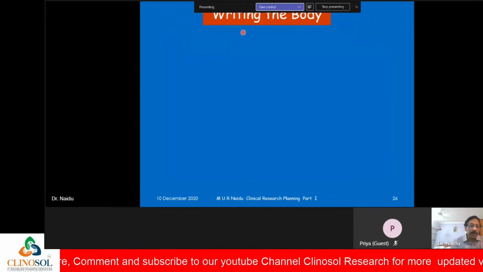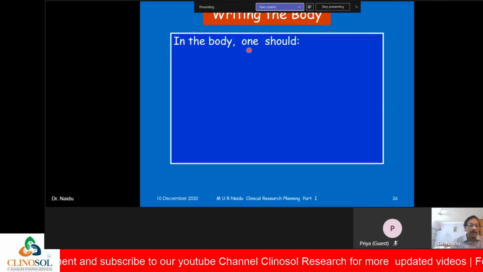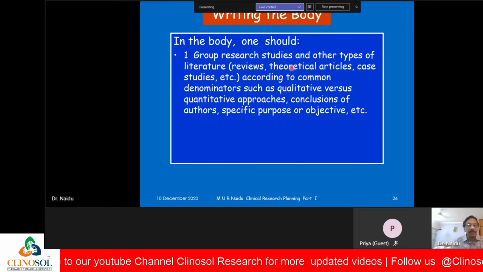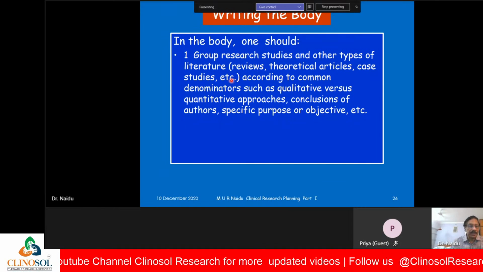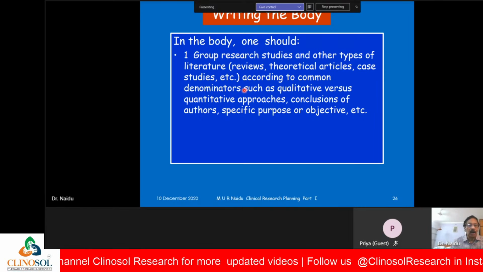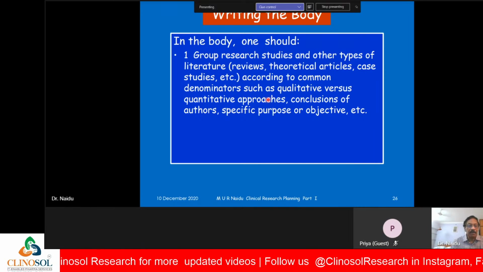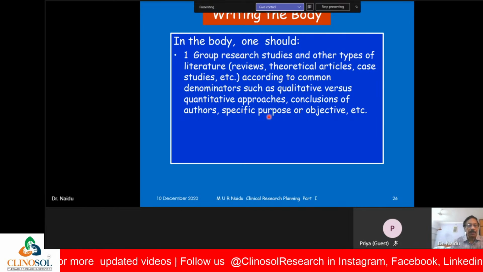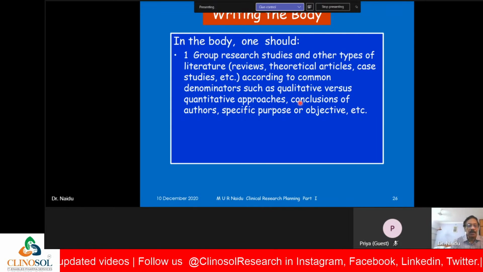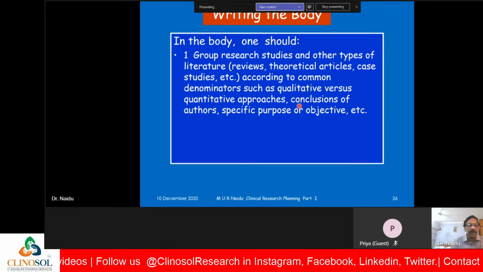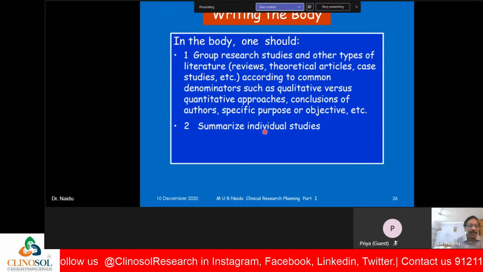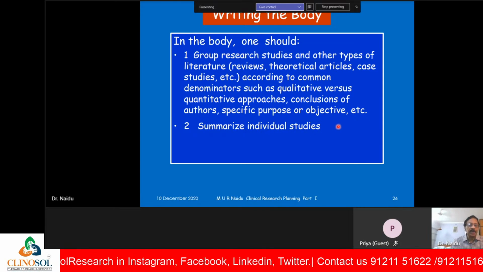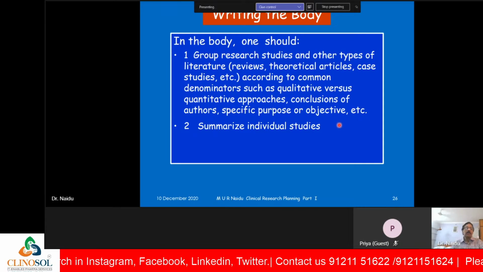Now coming to the body of a particular project. In the body, group the research studies. You have to mention the review of theoretical articles, whether case study or common denominator, what type of approach they have taken, quantitative, the conclusion of the author, the specific purpose and objective. You put these into the body in much more detail, giving the reference. Then at the end of the body, you summarize the individual studies. You might have seen so many studies.